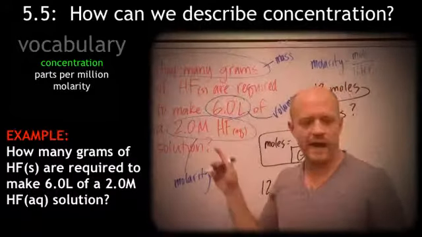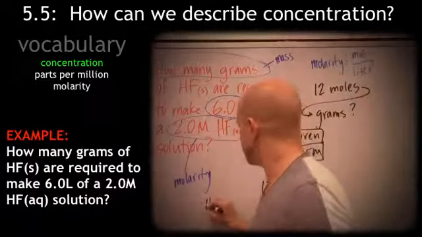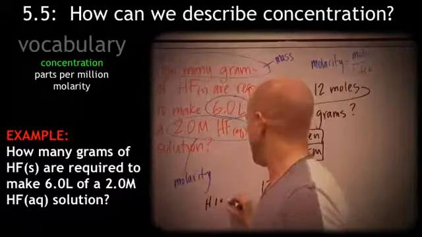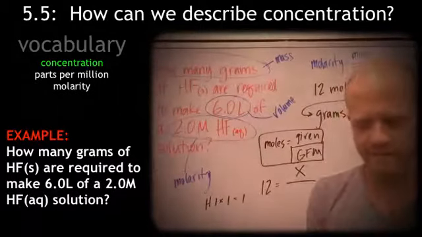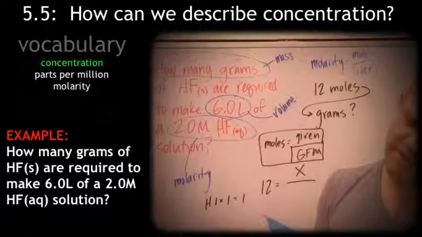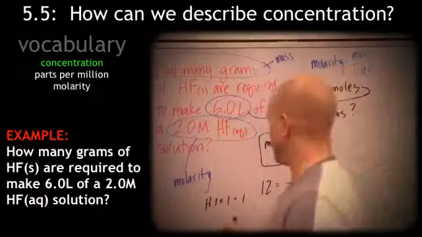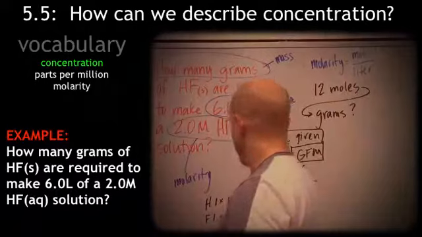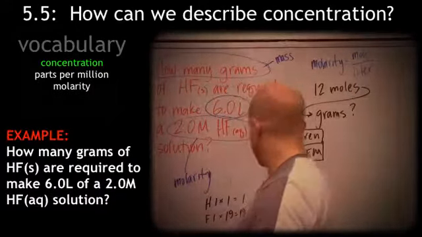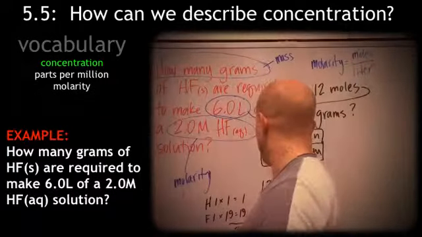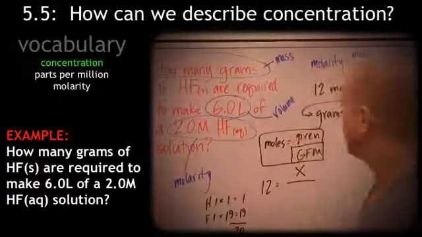I have hydrogen, I have fluorine. Hydrogen, I have 1, and each hydrogen is 1, so that's 1. Fluorine, double check, I have 1, and that mass is 19, so that equals 19. The mass of hydrogen fluoride is 20.